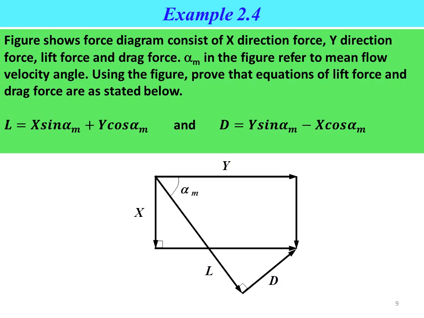L equal to X sin alpha M plus Y cos alpha M, and D equal to Y sin alpha M minus X cos alpha M. So try to work out example 2.4. By referring to the figure, you need to derive the equations for lift force and drag force as stated in the example.